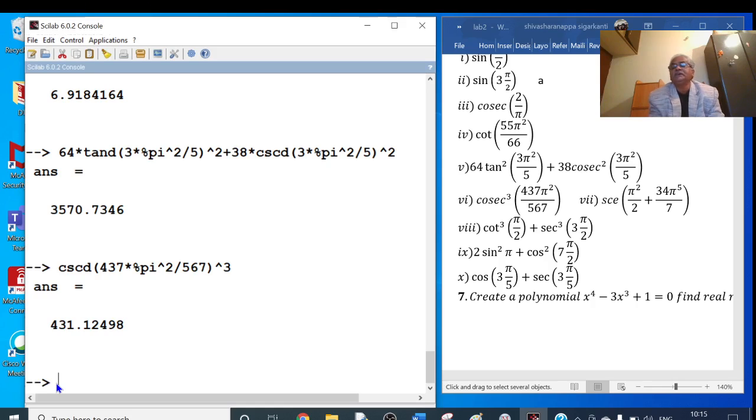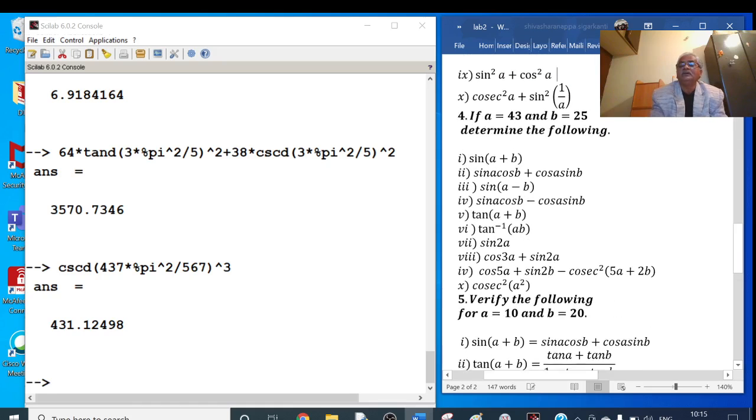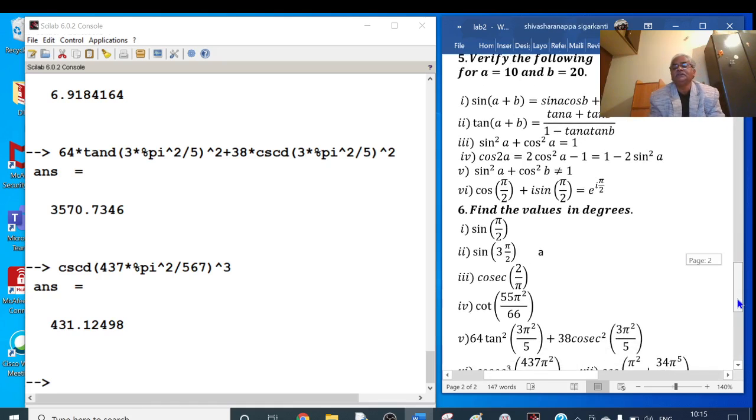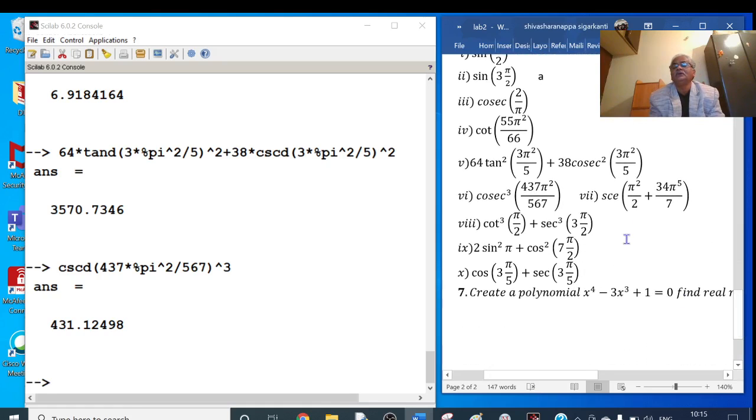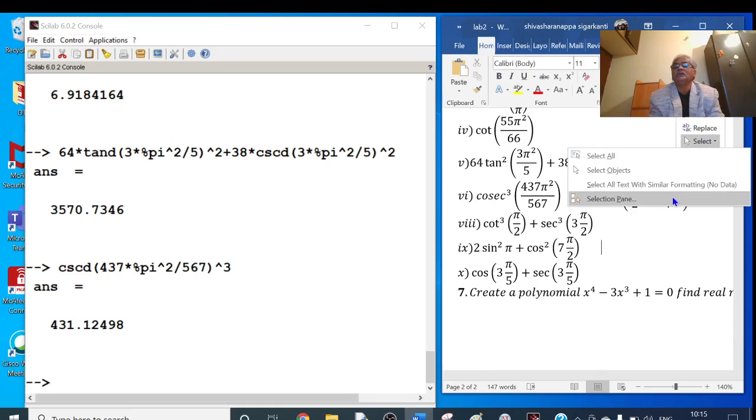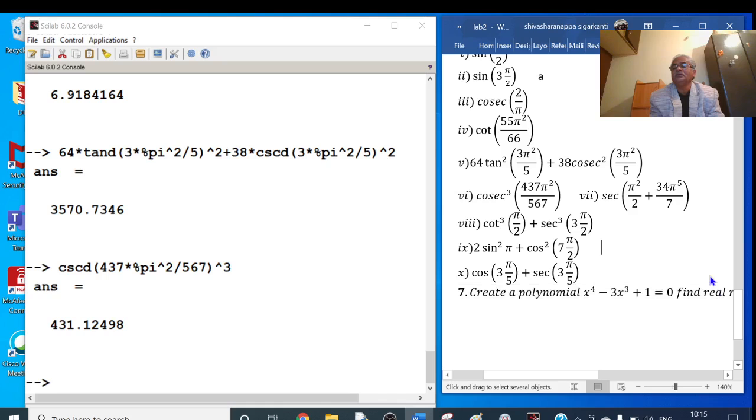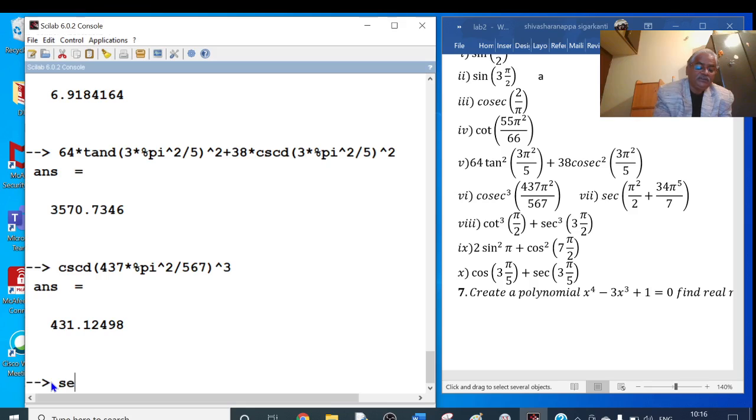Seventh one is secant, sec, which I have to write here. Secant of this in terms of degrees: sec d.